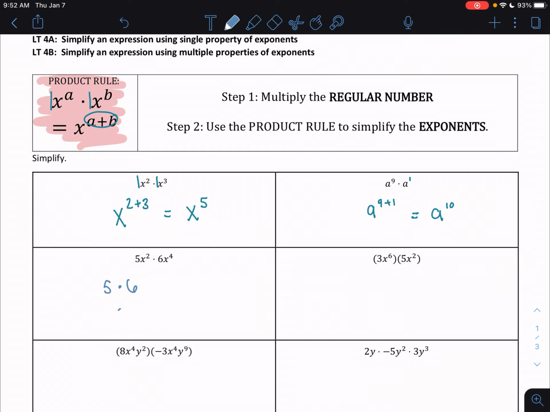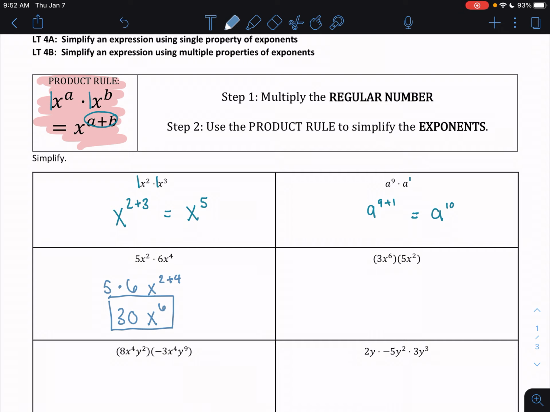Which gives us 30. And then we have x. We want to add those exponents. 2 plus 4. So 30x to the 6th. That is our answer for that one.